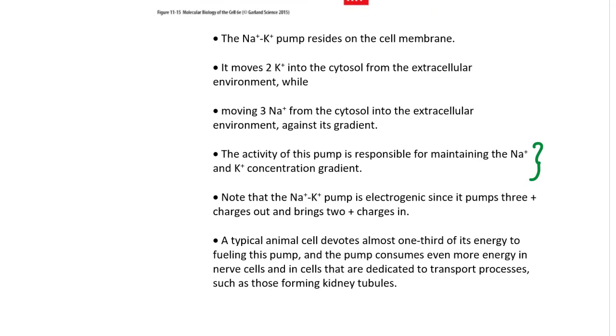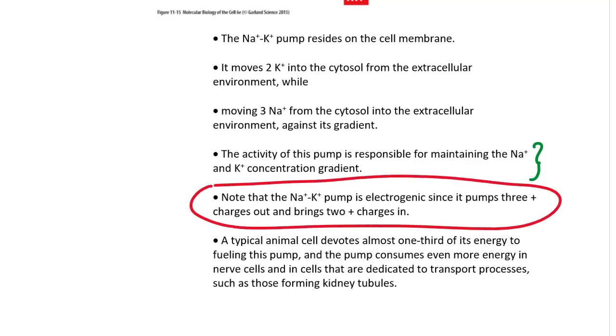Note that the sodium-potassium pump is electrogenic since it pumps 3 plus charges out and brings 2 plus charges in. Now, this statement is a fact. I mean, that is what's happening, right? The conclusion that you might start thinking about is, oh, okay, so this is why the exterior side of the membrane is positively charged and the interior is negatively charged.